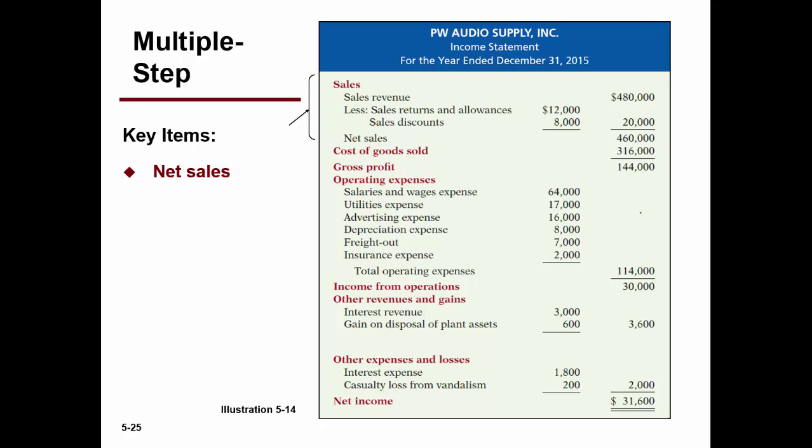I depreciate it in year one for $2,000. Who wants to give me the journal entry for that? Debit depreciation expense for what? 2,000, and credit the accumulated depreciation for 2,000. Good.